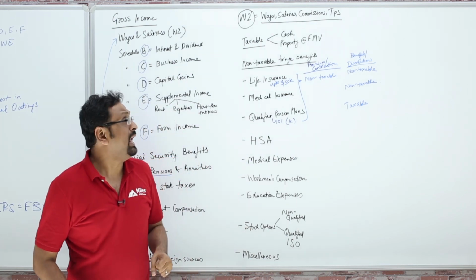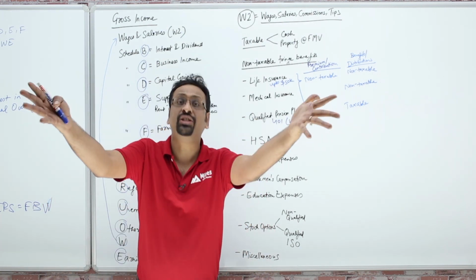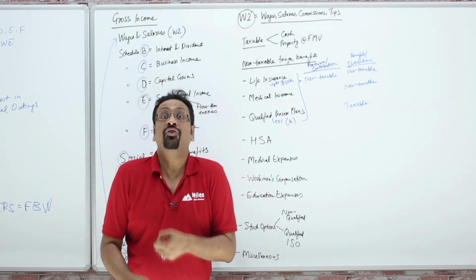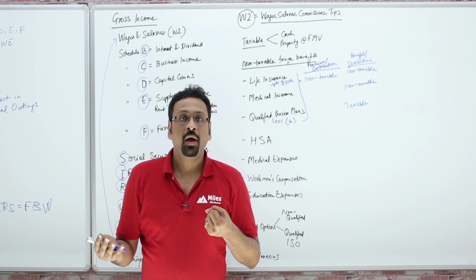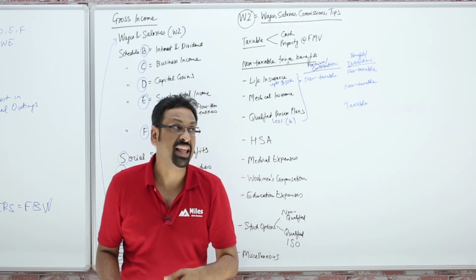Now, how about employees of education institutions? Let's say an employee of a university, where the university is giving the employee a tuition reduction. Now, if the tuition reduction is for undergraduate education, that's non-taxable.